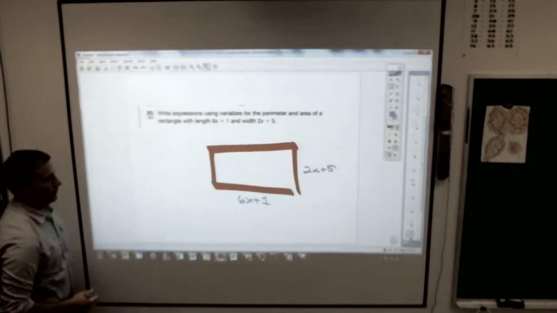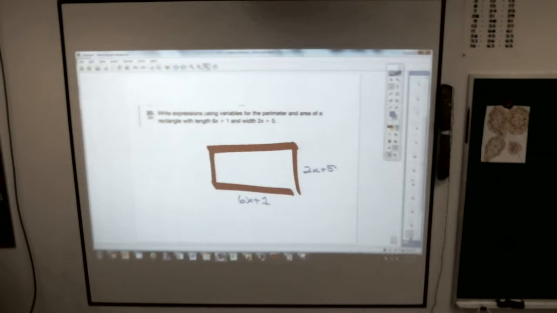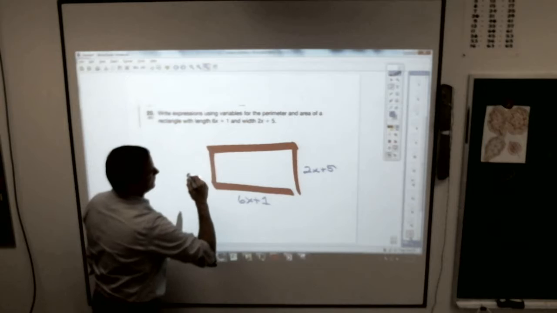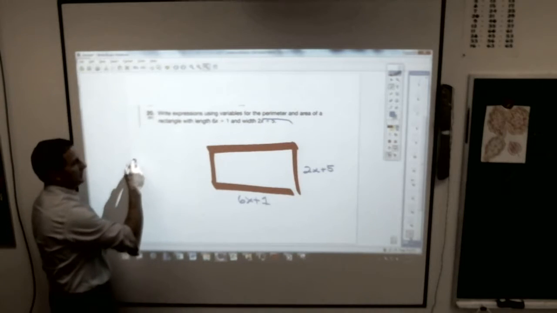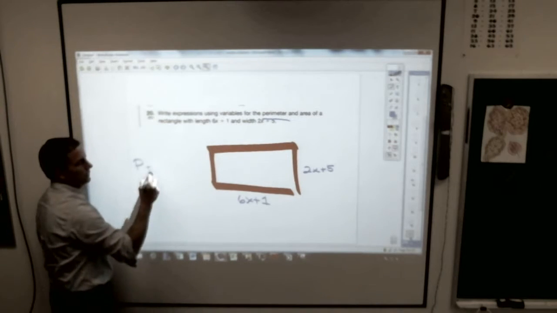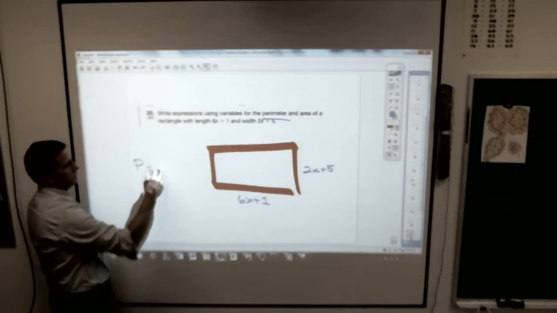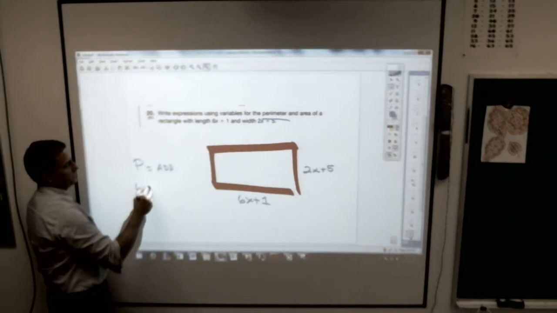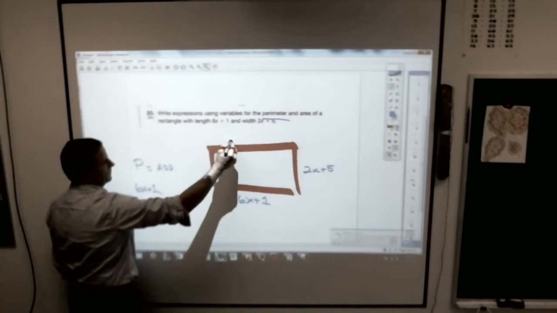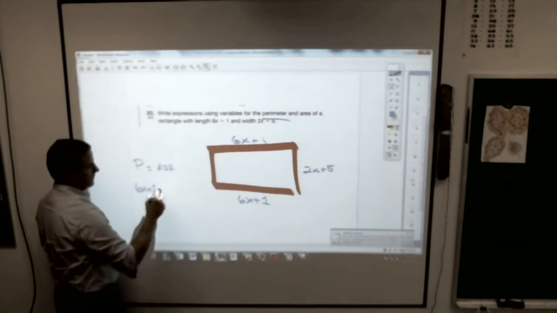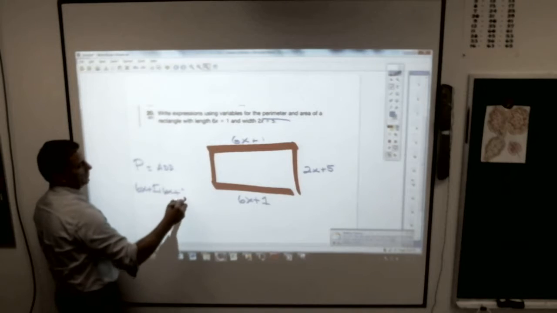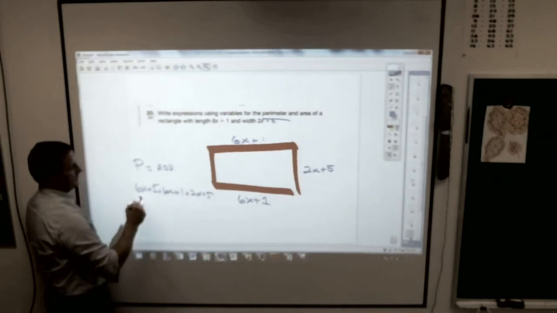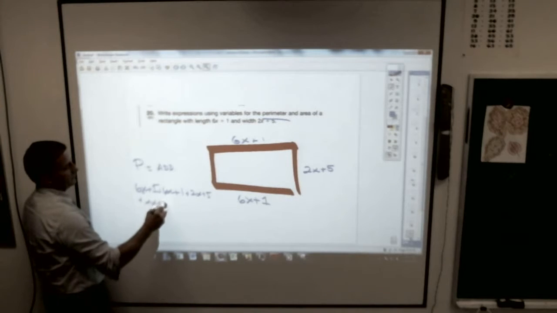So which one? Both area and perimeter? Let's start with, which one does it ask us first? The perimeter. How do you find the perimeter of a rectangle? Add all the sides together. So what are we going to add together? 6x plus 1 plus another 6x plus 1, correct? Plus a 2x plus 5 plus another 2x plus 5.